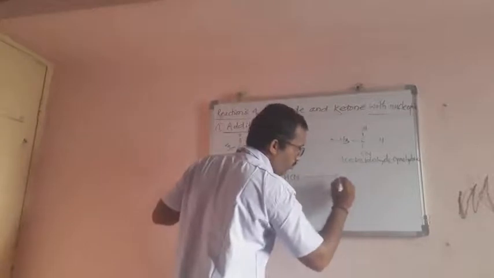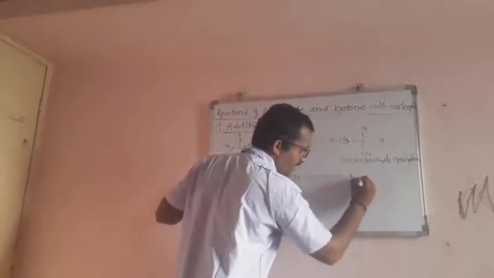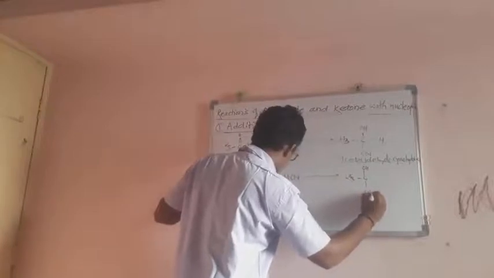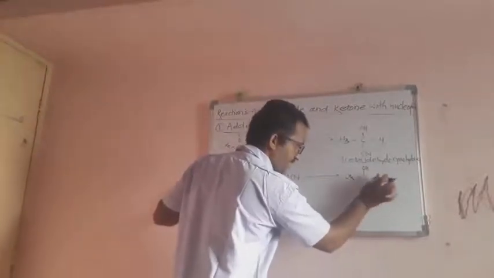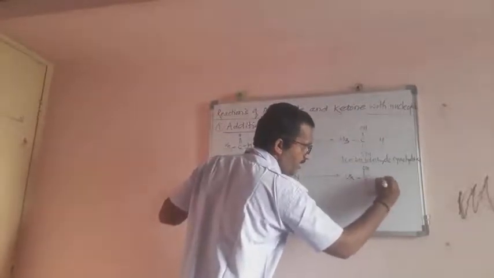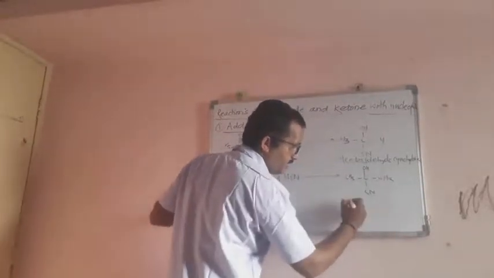It forms a product, that is CH3 C OH, with CN, and here is another alkyl group, CH3.